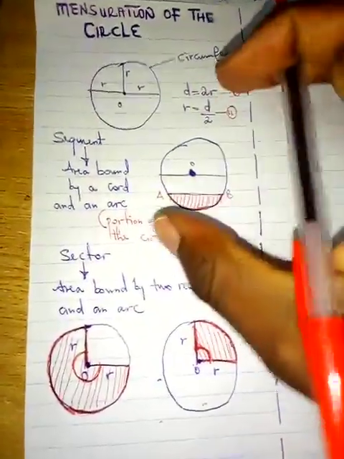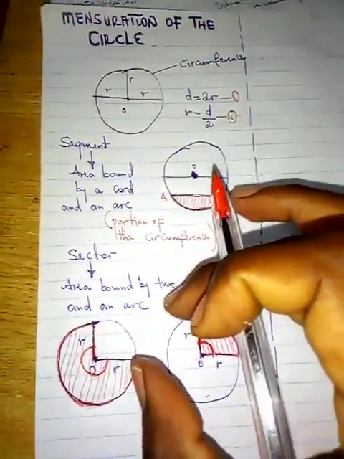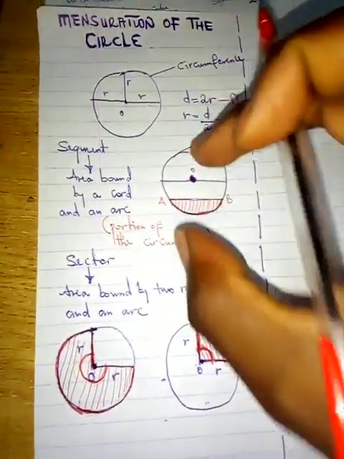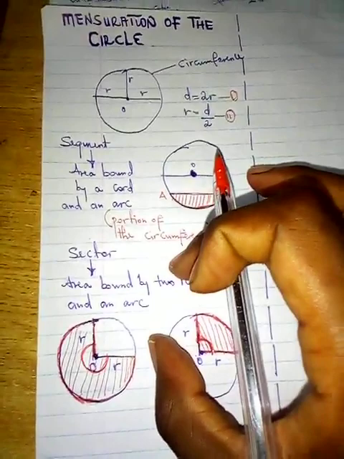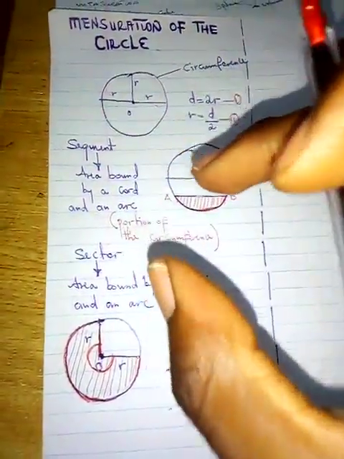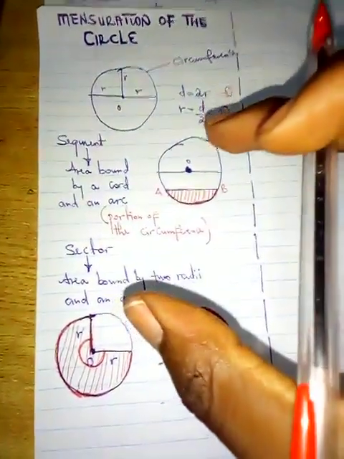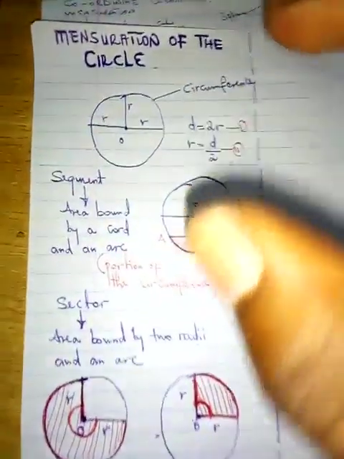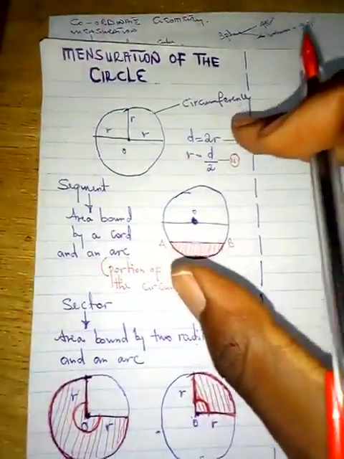Now, having said that, having given ourselves an introduction to what a segment is and what a sector is, what therefore do we also need to know? What formulas should we familiarize ourselves with anytime we're talking about the mensuration of the circle?